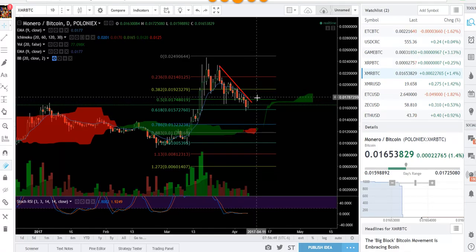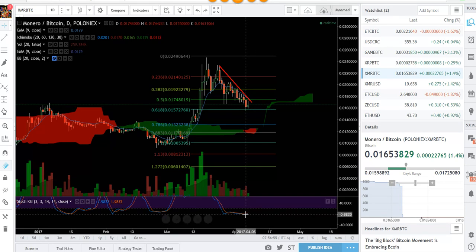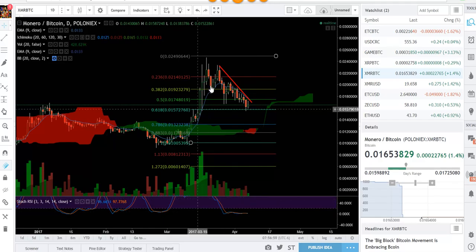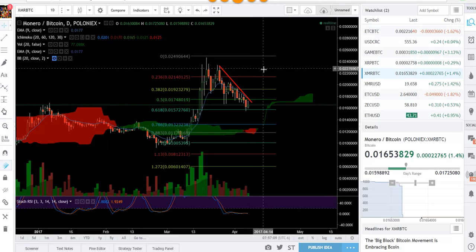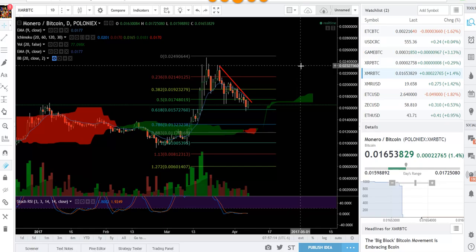And then we have confluence that it probably is turning around because it 61% retraced. Our daily strength for this coin is starting to grow again. And then we have a large impulsive move that could come out of this because the market strength will grow again. People will be selling out of Bitcoin and getting back into altcoins again. So it's putting all these pieces of the puzzle together.